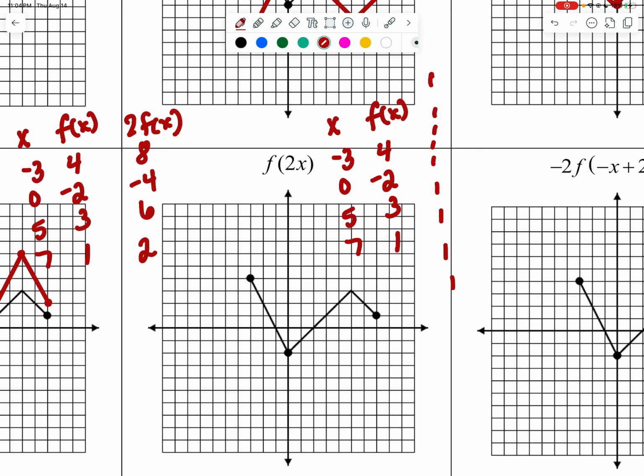Okay, so if I know that x is -3 and f of x is 4, then I think about how can I get a -3 so that whenever I plug into x here, I get an output of 4. Well, hypothetically, if x was -3/2, -3/2 times 2 will give me a -3.